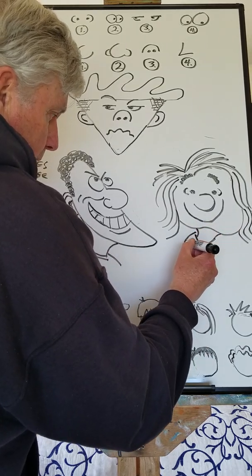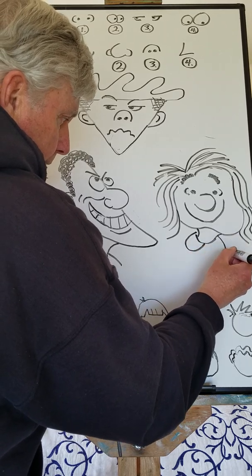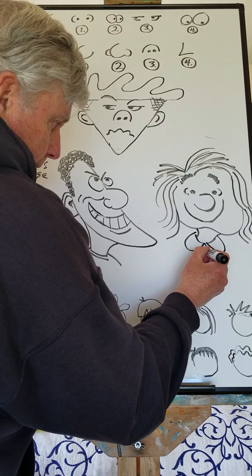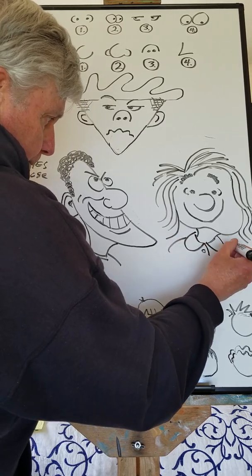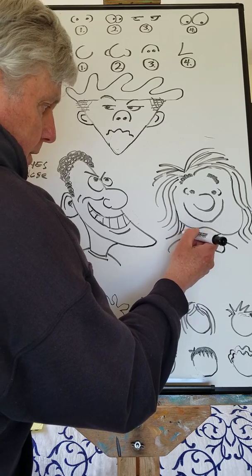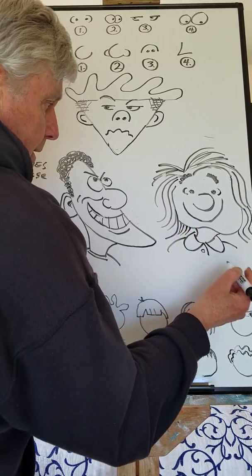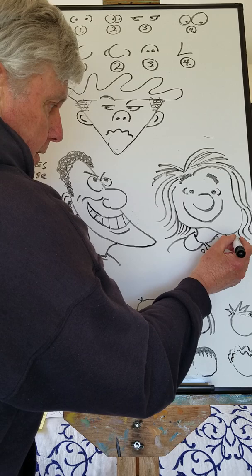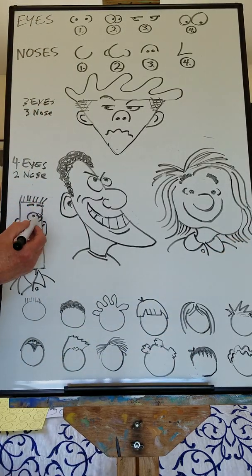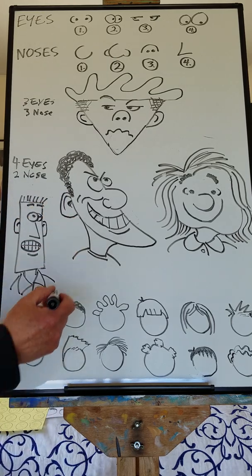And her collar is rounded like that. And sometimes you draw the hair back in here so it's hiding behind the face, same way as this eye hides behind the first circular eye.